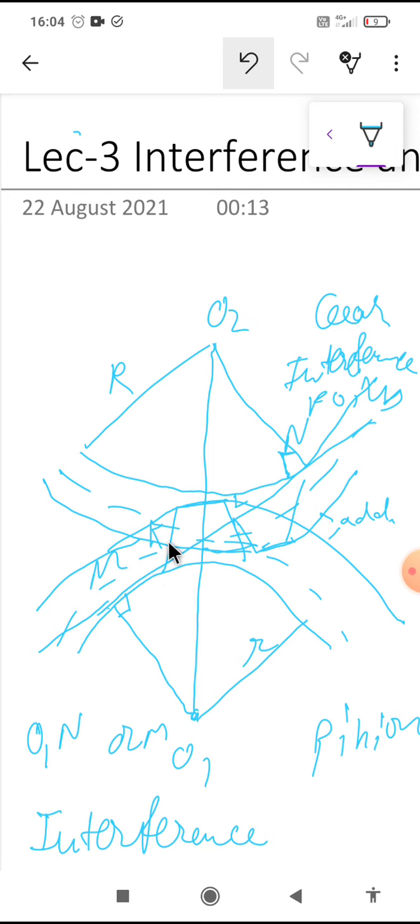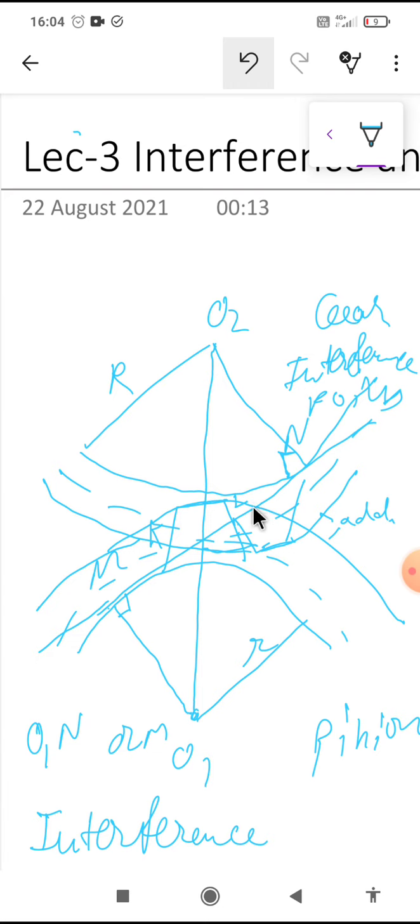Interference may only be prevented if the addendum circles of the two meeting gears cut the common tangent to the base circles. These are the base circles. If they cut the common tangent, then only it can be avoided.